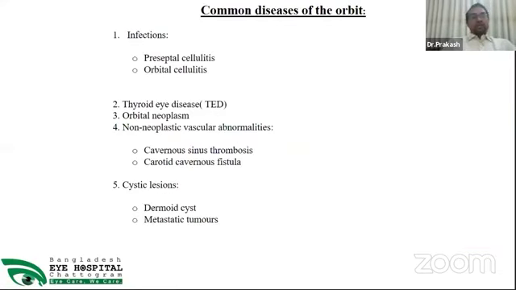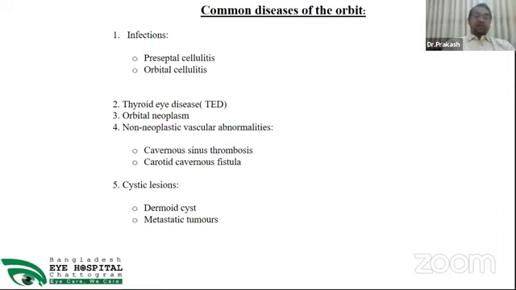So we will discuss some common diseases of the orbit. The common diseases of the orbit are preseptal cellulitis, orbital cellulitis, thyroid eye disease, orbital neoplasms, and non-neoplastic vascular abnormalities like cavernous sinus thrombosis and carotid cavernous fistula, and some cystic lesions.